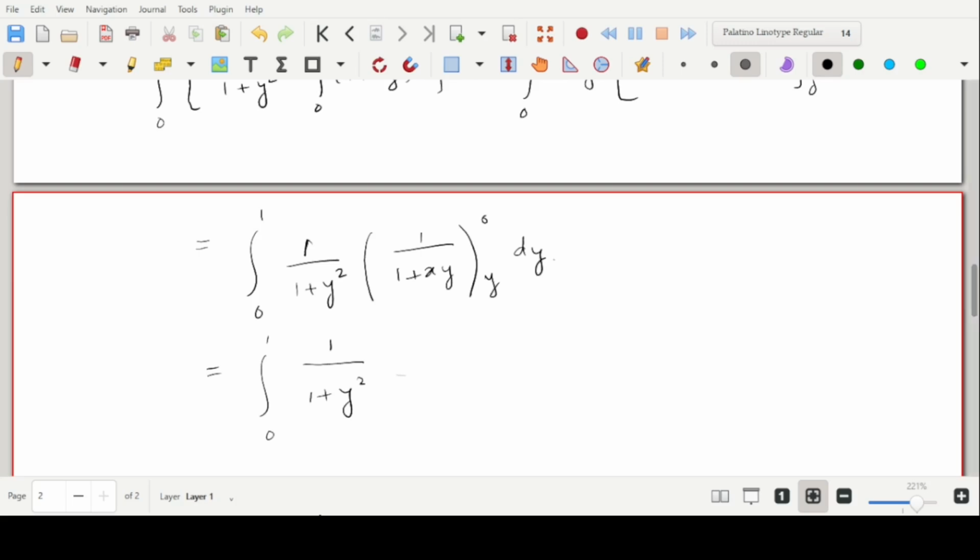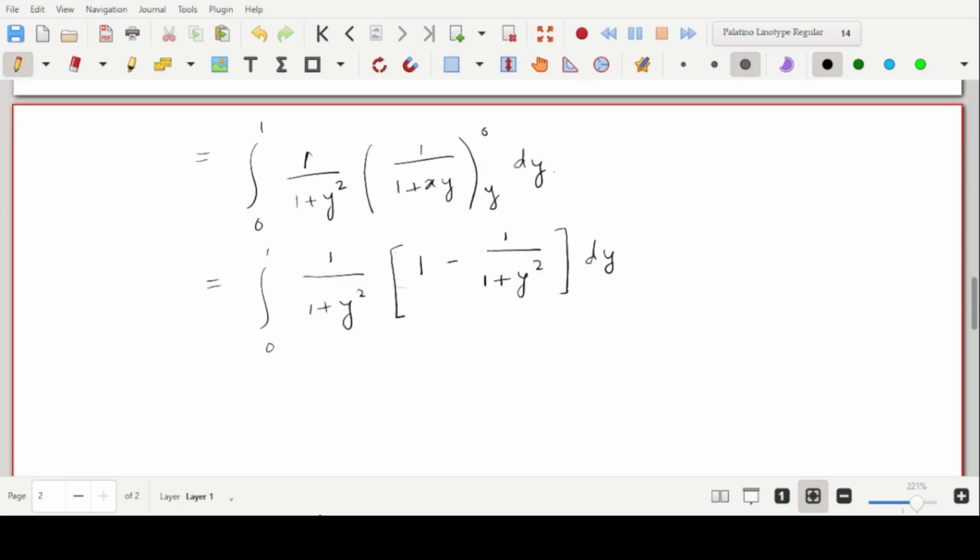Now we are substituting for x, because we have integrated with respect to x. So when we substitute x equal to 0, we get 1 over 1 plus 0, minus 1 over 1 plus y square, dy.